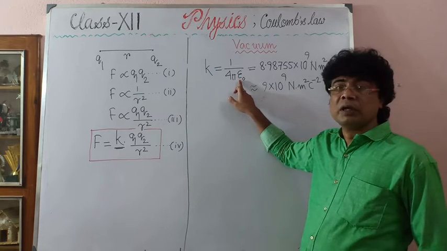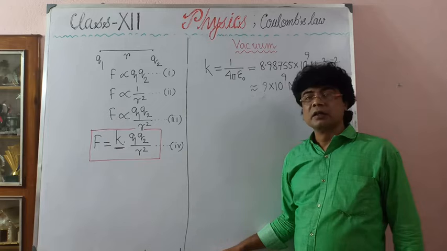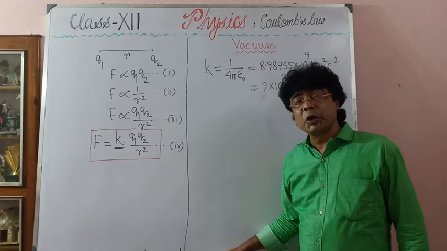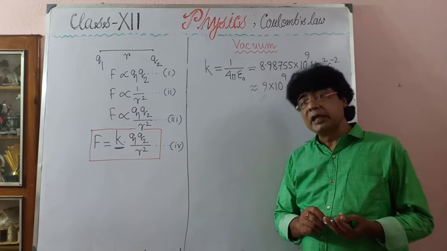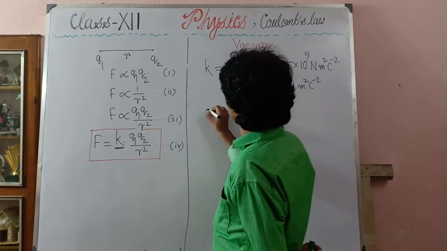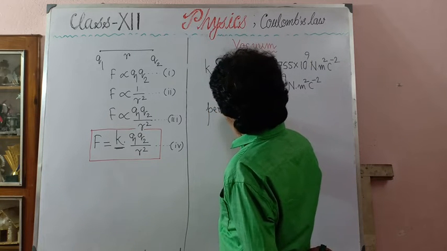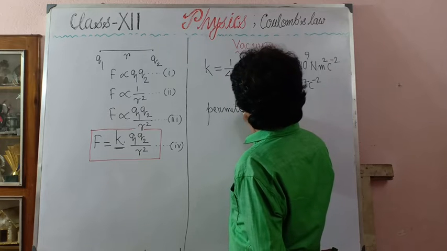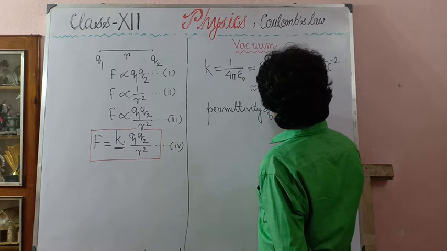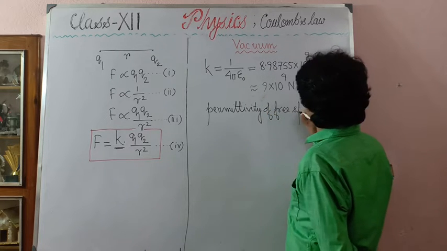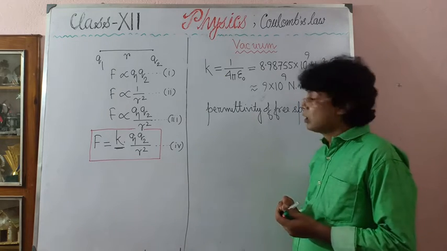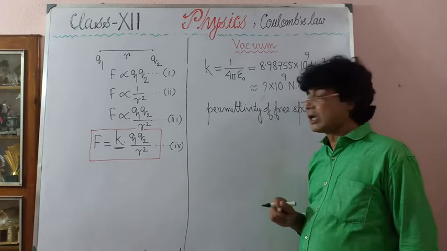Here, epsilon 0 is a constant referred to as the absolute electrical permittivity of free space, simply called the permittivity of free space. Now, what is the value of epsilon 0?